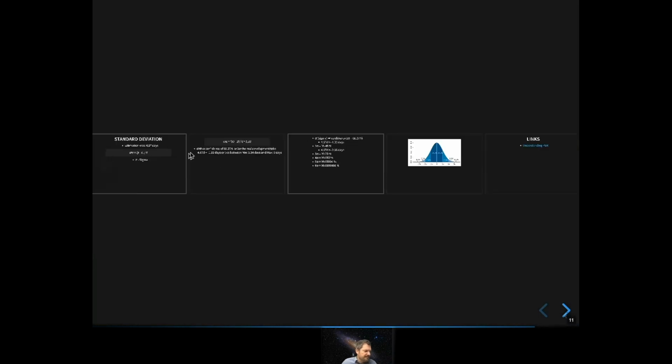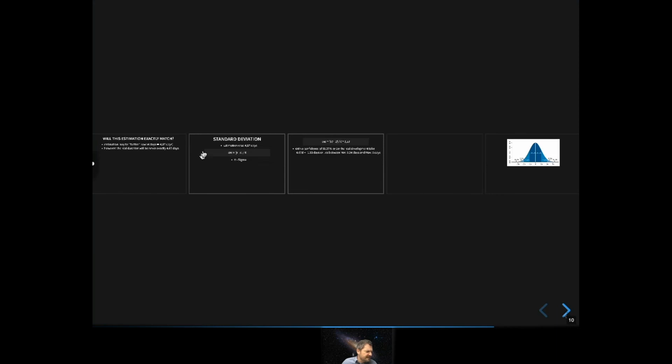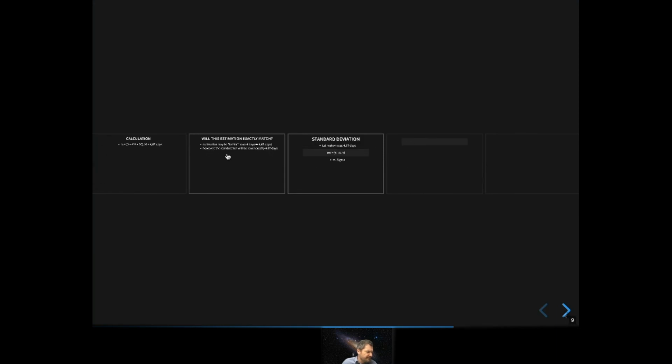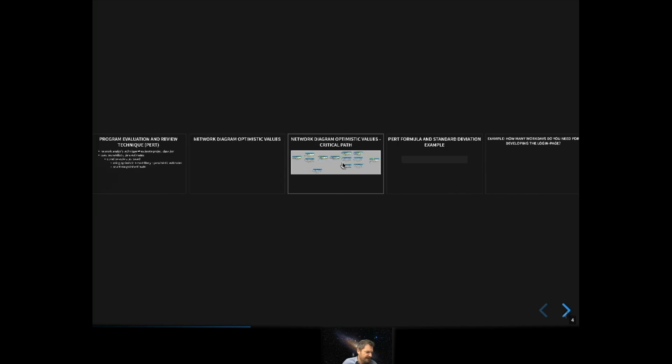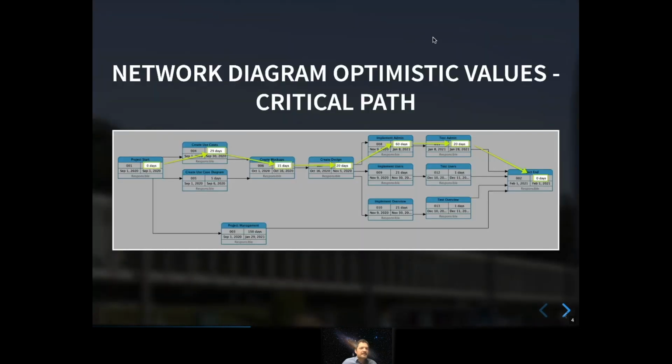I want to show you something else. Let me go back to the slide where we have the critical path analysis, to just give you an idea of what you do with PERT estimation. What you want to find out generally in PERT estimation is to provide a realistic end date of your project.